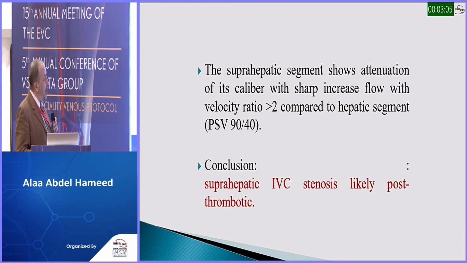The velocity ratio was more than 2 compared to the hepatic segment. We suggest that this diffuse attenuation with high velocity might be either a suprahepatic IVC stenosis, or this is a stump with increased velocity and we have an occluded IVC.